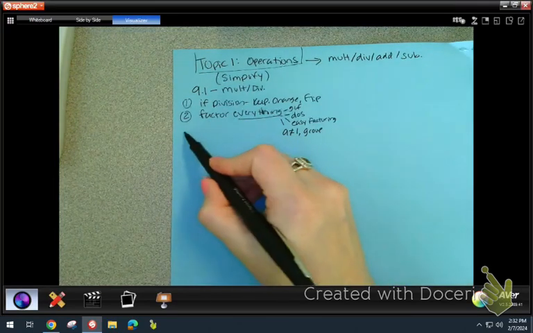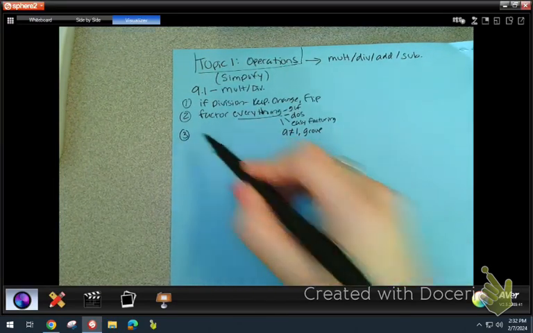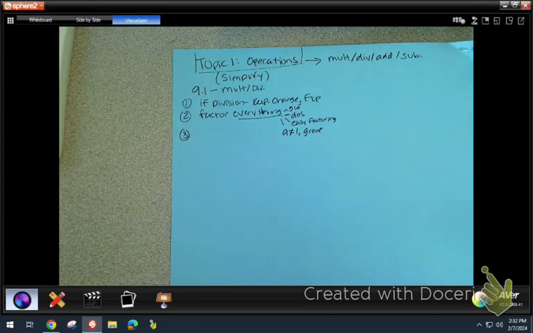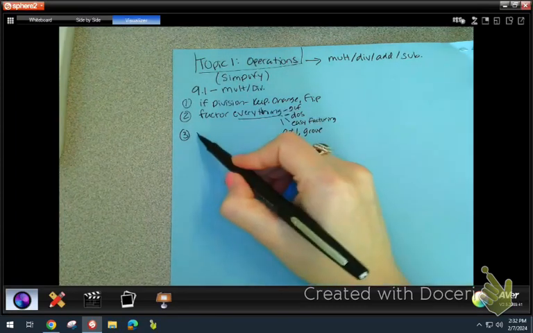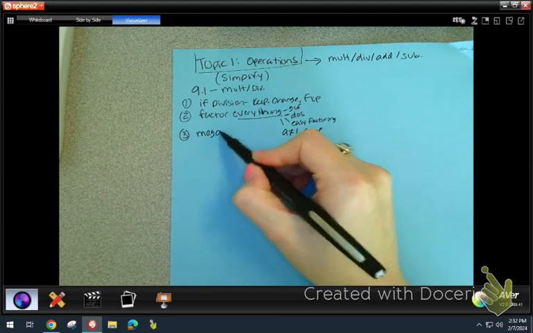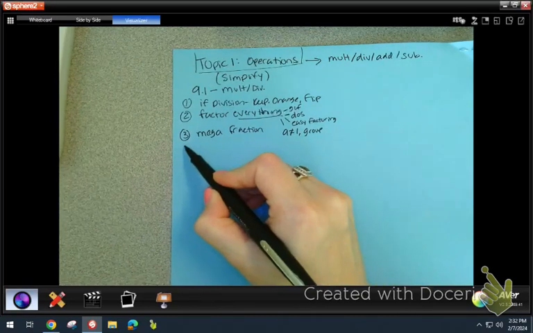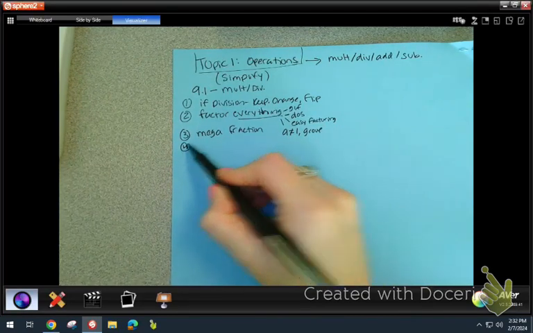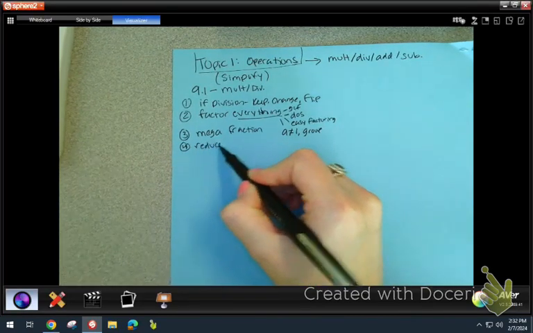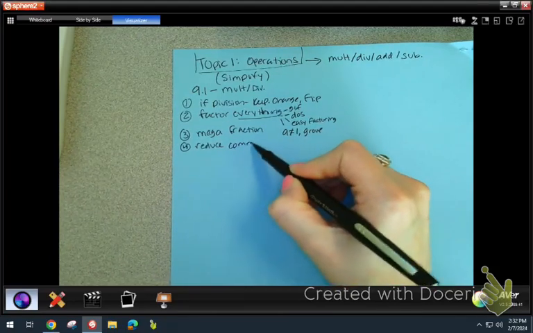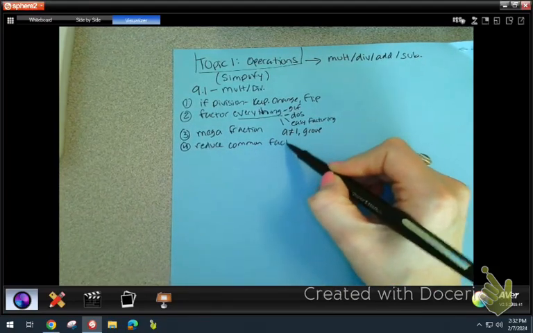So factor everything. Then step 3, once you're in a multiplication of a bunch of factors, factors over factors, all the things, that's when you can go to a mega fraction. Y'all remember that? Mega fraction, and step 4, reduce. Reduce common factors.